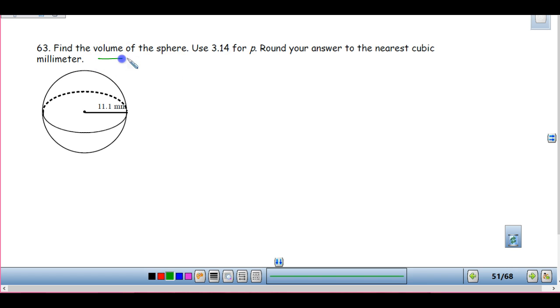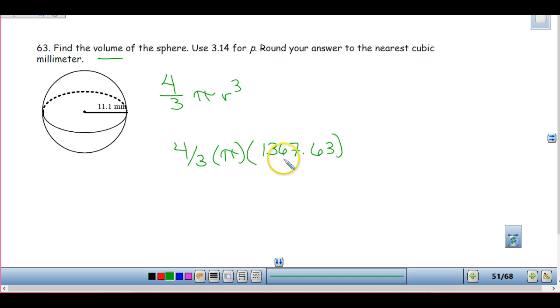Okay, now we're doing volume. Volume is 4/3 pi r cubed. So 4/3 times pi r cubed in this one is going to give us 1367.63. Okay, so you've got to take 1367.63.